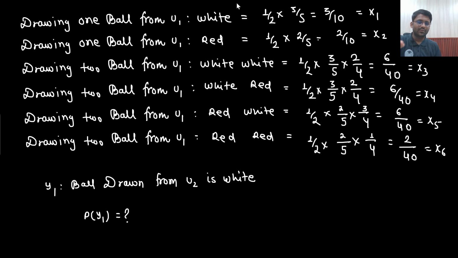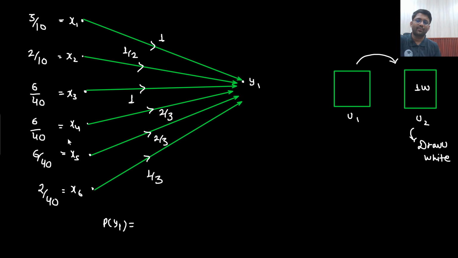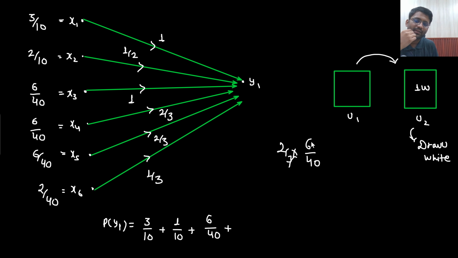And wherever I have checked the solution of this particular question, they have solved in some different way. Some are applying this theorem, that theorem, but we can solve it with proper intuition. No Bayes theorem, no probability, nothing. Proper intuition, right? So 3 by 10 into 1 plus 2 by 10 into 1 by 2, that would be 1 by 10, plus 1 into 6 by 40 plus 2 by 3 into 6 by 40.